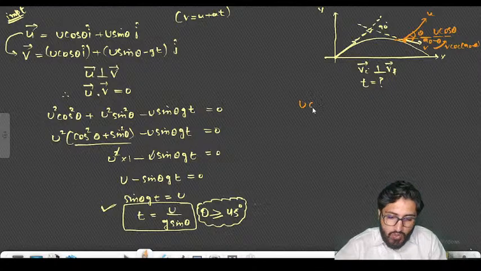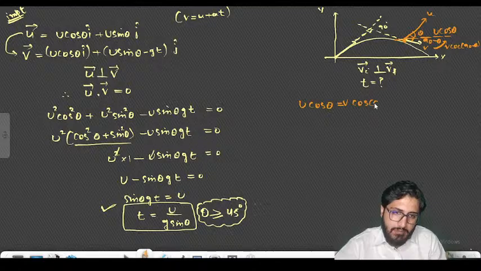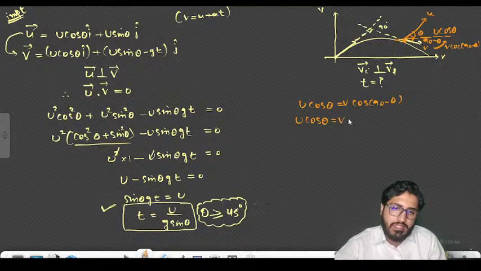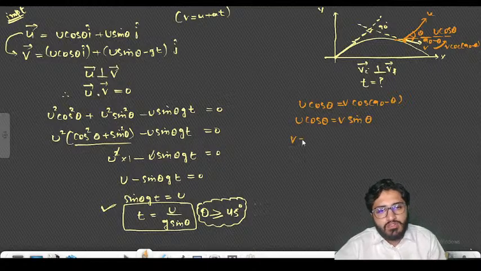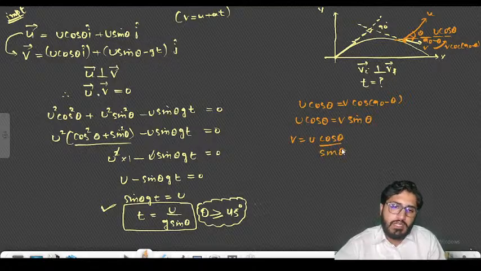So u cos theta equals v cos 90 minus theta, and cos 90 minus theta is sin theta. So v equals u cos theta by sin theta. v equals u cot theta, the value of your final velocity.